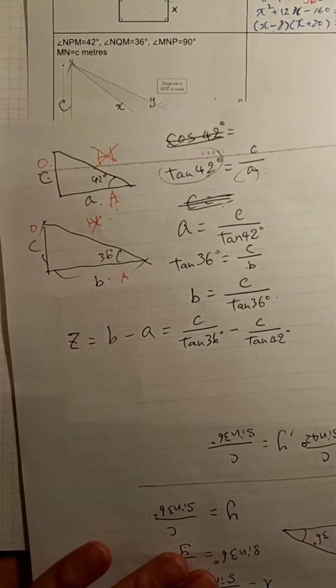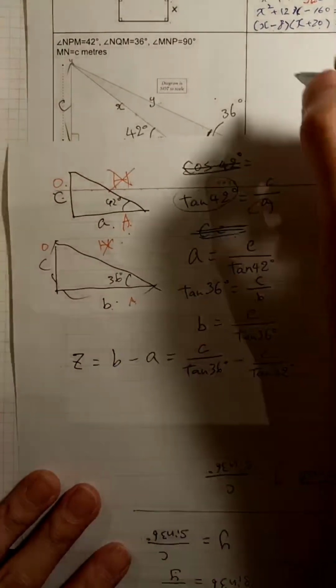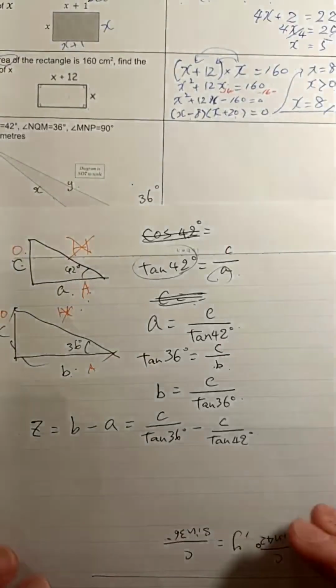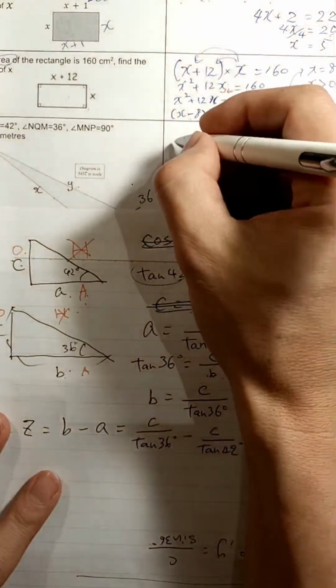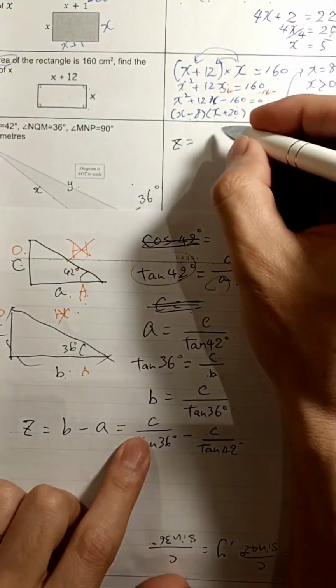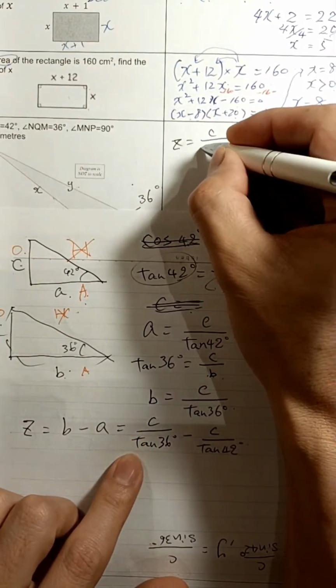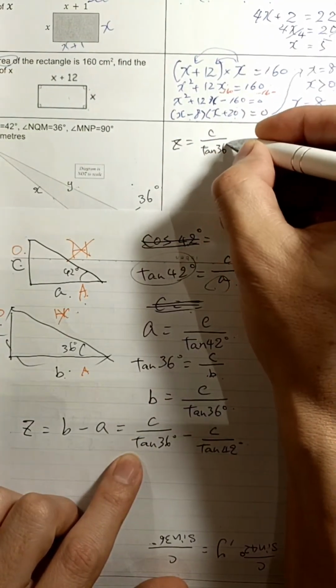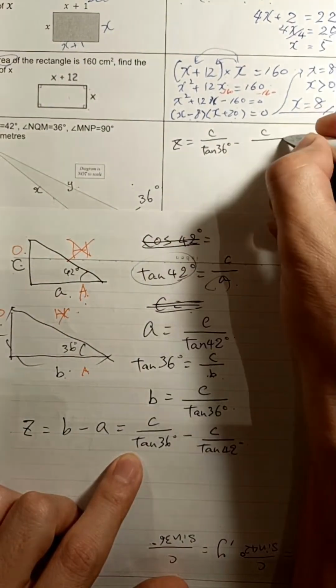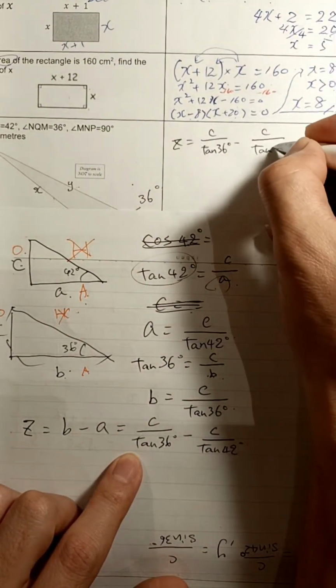Okay? So I just copy this one down here. Z equals C over tangent 36 take away C over tangent 42 degrees.